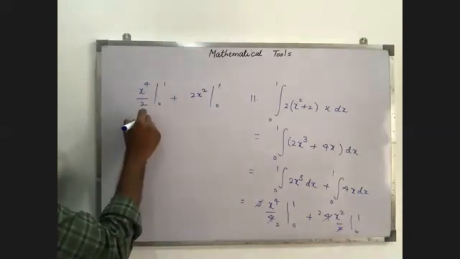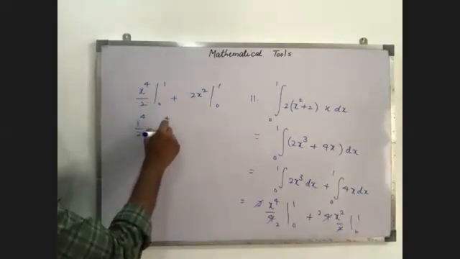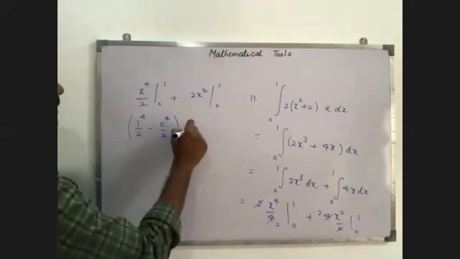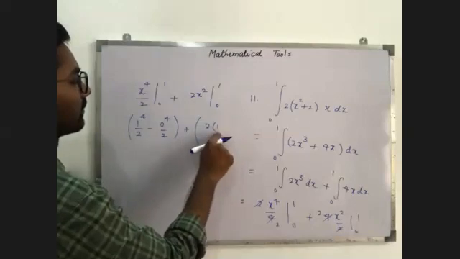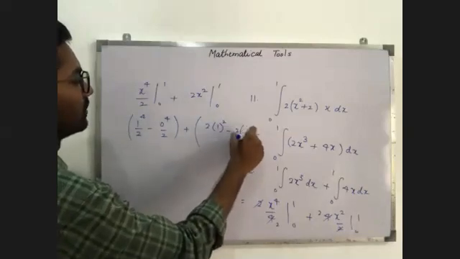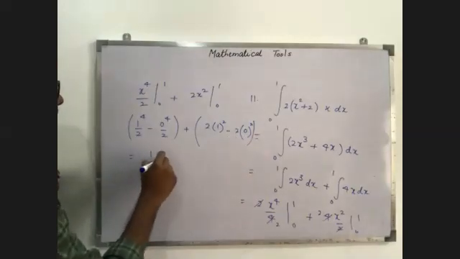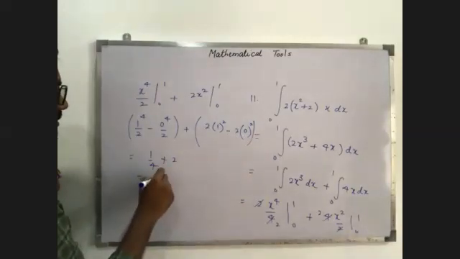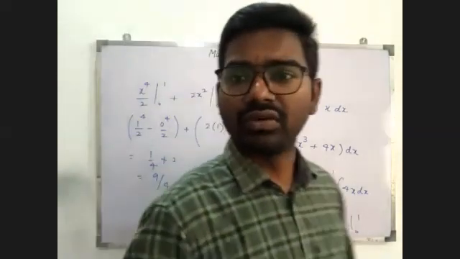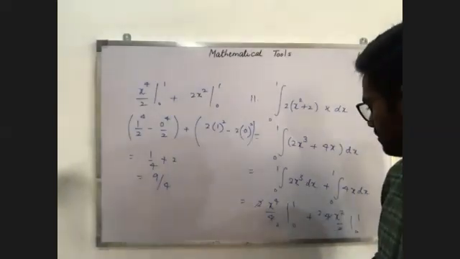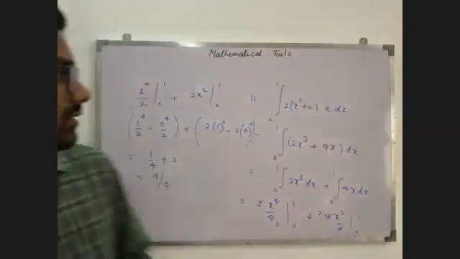This is 1 to the power 4 by 2 minus 0 to the power 4 by 2, plus 2 into 1 square minus 2 into 0 square. This is 1 by 4 plus 2, that is 9 by 4. How many of you get answer 9 by 4? Guys, is it clear the calculation?